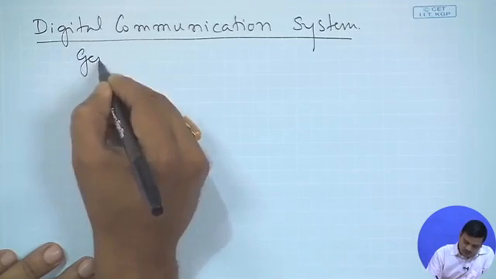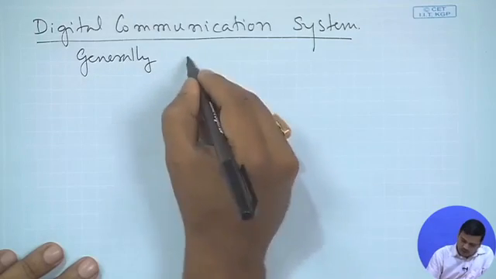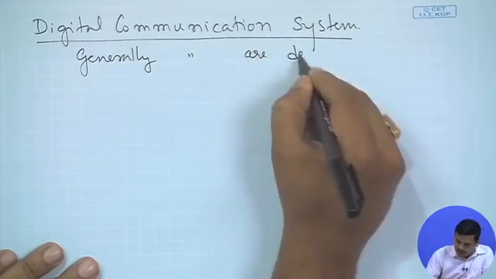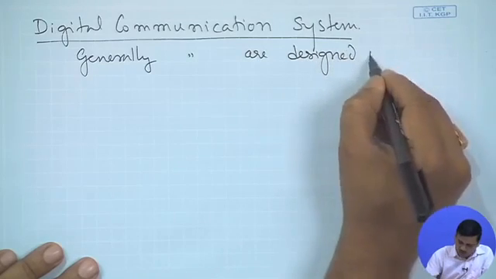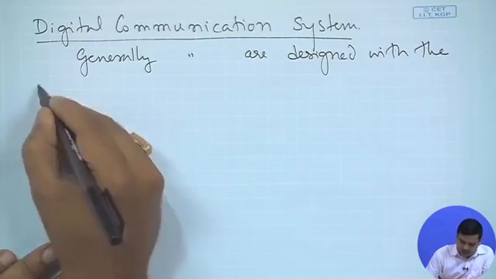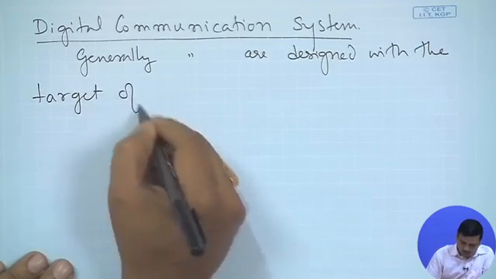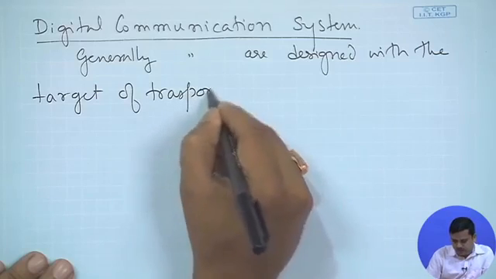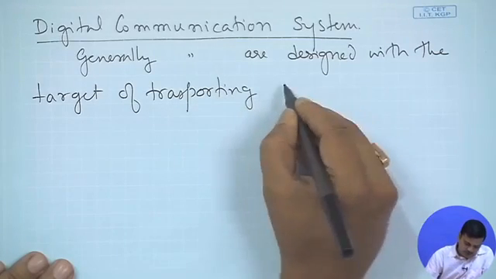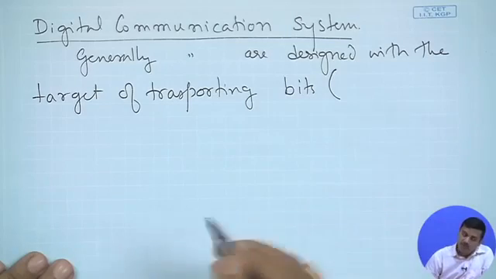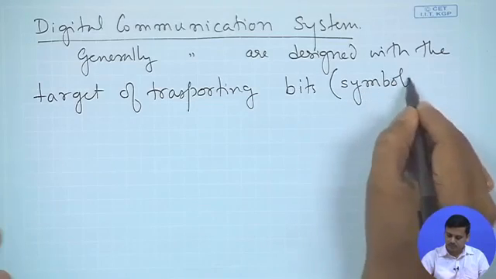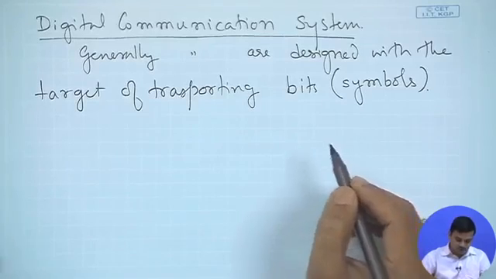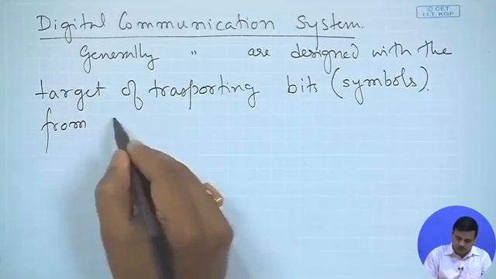We can say generally digital communication systems are designed with the target of transporting, we are using a bit layman term in the beginning, transporting bits. Okay. So, earlier it was messages. So, from messages we have now come to bits, and if you are a little bit more advanced, you can say that it is involved with symbols. So, it is transferring of symbols from the transmitter.